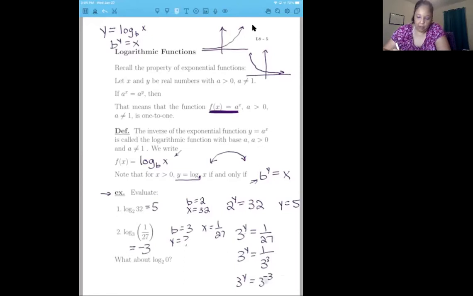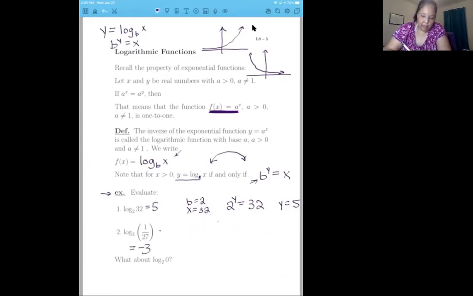All right, now look at this question here at the bottom. What about log base 2 of 0? So my base is 2. I have my x value equals 0. Is there any value that I can raise 2 to that gives me 0?